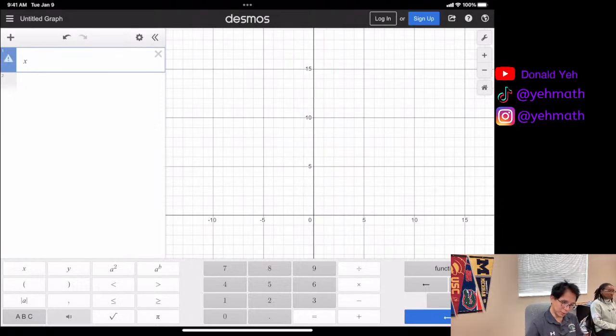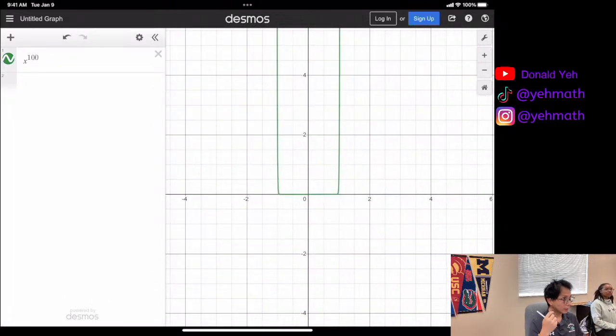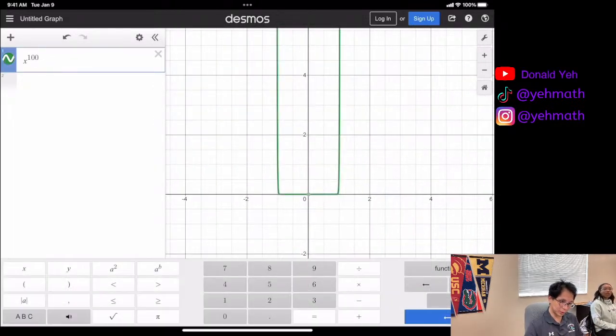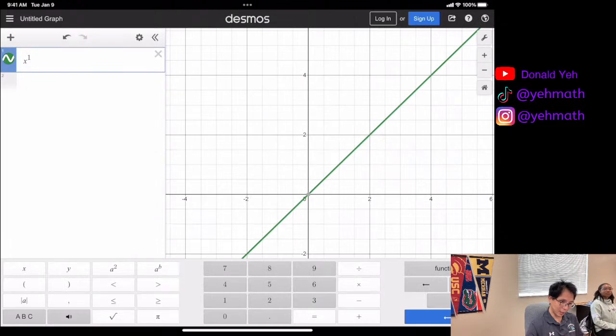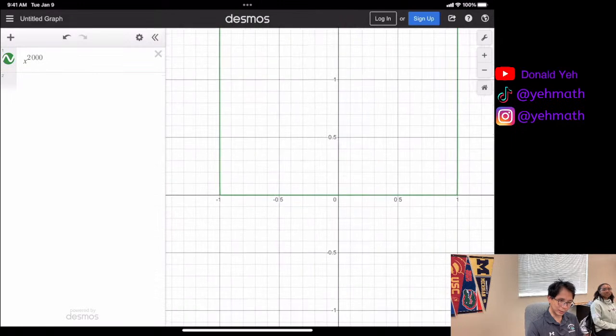If you go to 100, it's going to look like this. It's almost like a straight line. And if it's to the 2000, then you're going to see there's not even any value. It's going to go up a little bit. But the next value is going to go crazy.